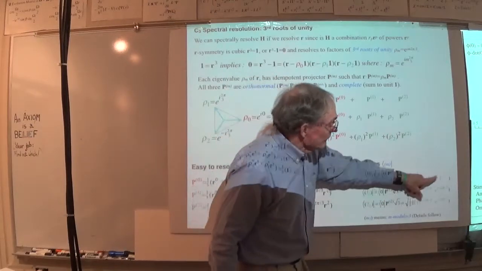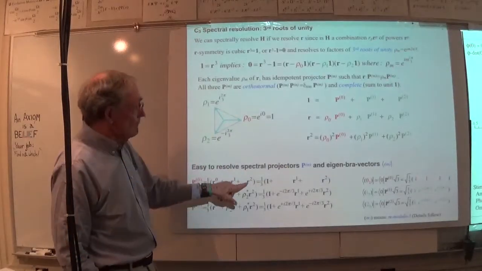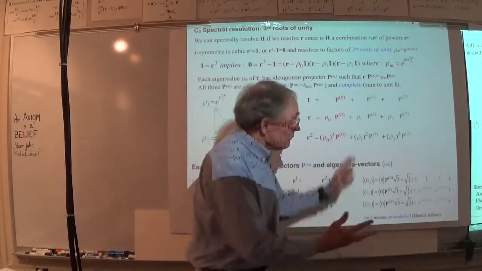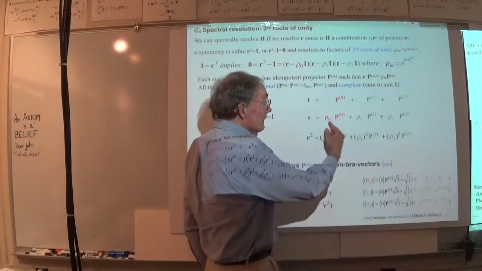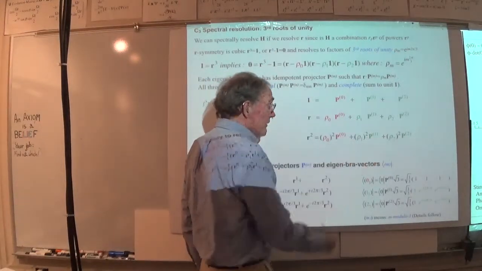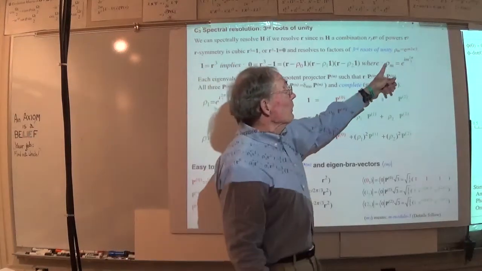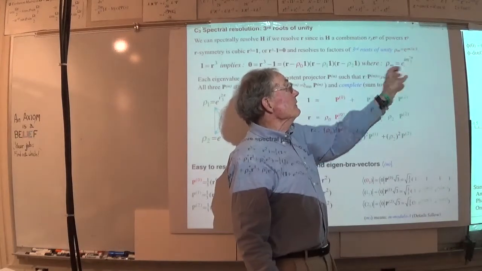And the coefficients of the bras are what we want for the projection operators in terms of the group elements. The kets just take the complex conjugate and transpose them into columns. That's what we're getting here, these numbers in those places. And just remember what those numbers are. Rho m is e to the i times 2 pi over 3 to the mth power.